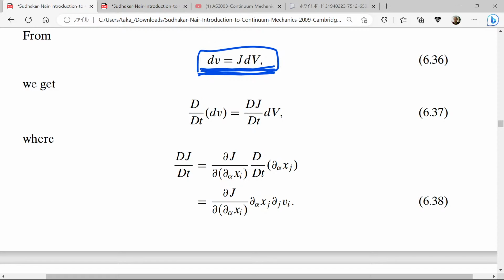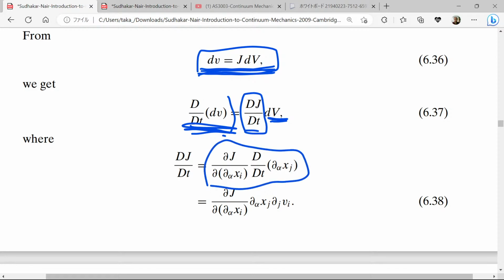And d/dt, if we take the total derivative of dV, because large dV is constant, we just take the derivative on the j part, right? Then this one, because j is a function of 9 parameters, so we have this one.